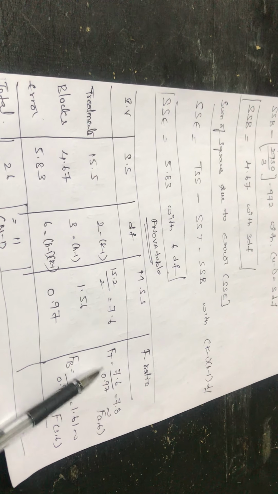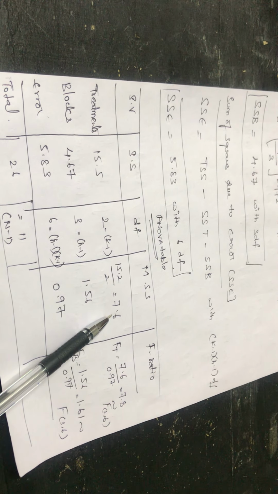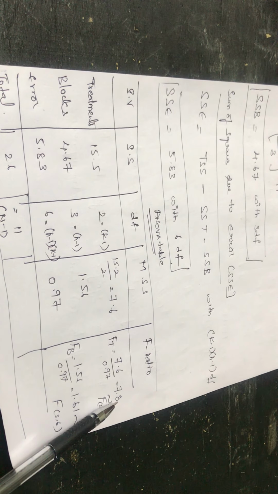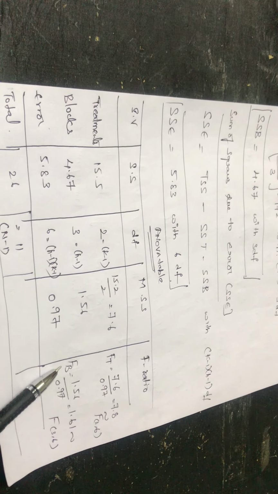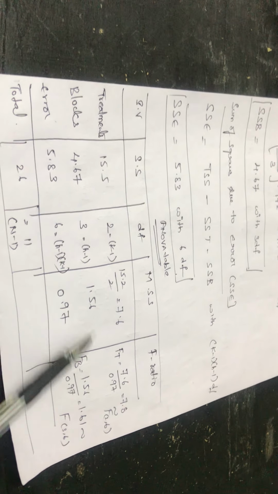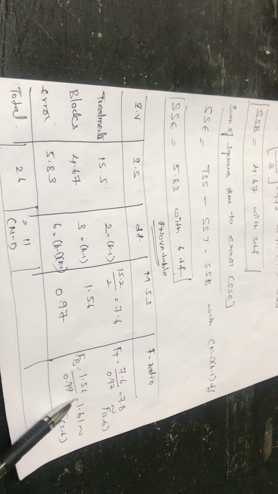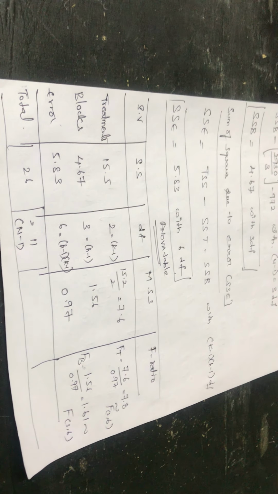For treatments we are calculating 7.6, mean sum of squares due to treatments, divided by mean sum of squares due to error. Then we will get 7.8. This is calculated value of treatments. Now similarly for blocks also we have to calculate 1.56 for blocks divided by the error mean square. Then we got this value 1.61. Follows F table value 3.3, 6.